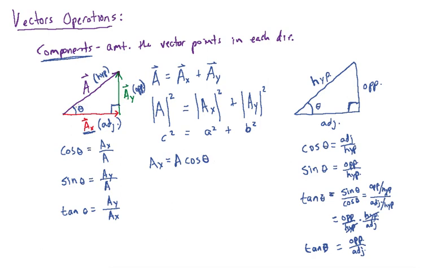And similarly, if I had the same information, I had the length of a, I had this vector a and its angle, and I wanted a sub y, I would just look to this equation here, multiply both sides by a so that a ends up over here in front of the sine, and I would get that the length of a sub y is just the value of a times the sine of theta. So you can do little things like that. You can algebraically manipulate these and find these things. Okay, and so that helps you find the length of the sides.